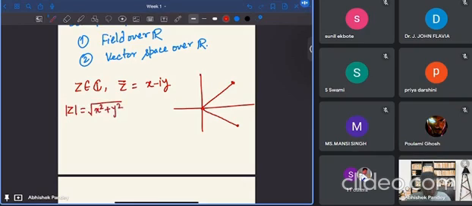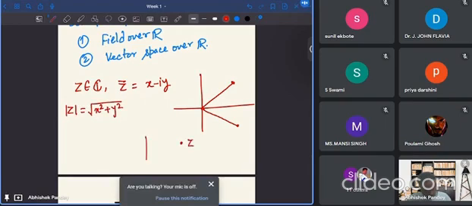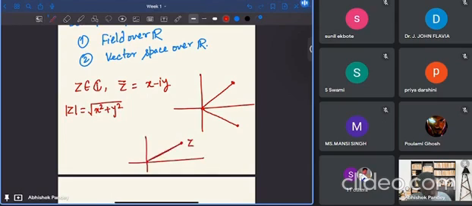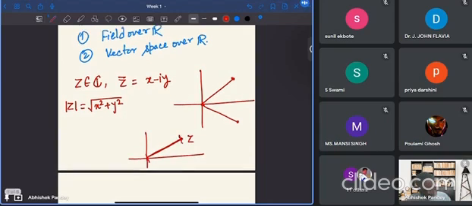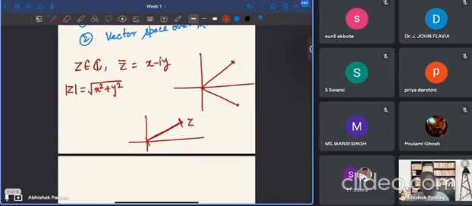Suppose your z is here; this is the distance from the origin, the length of the vector. So mod z squared is x square plus y square, which is nothing but z into z bar.